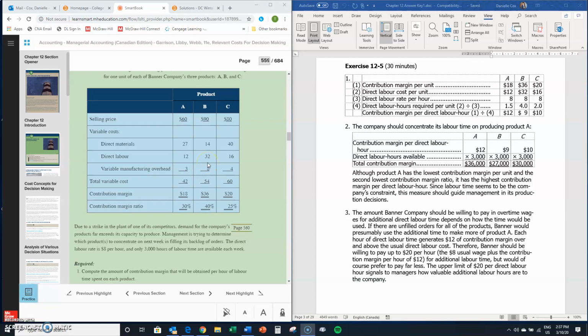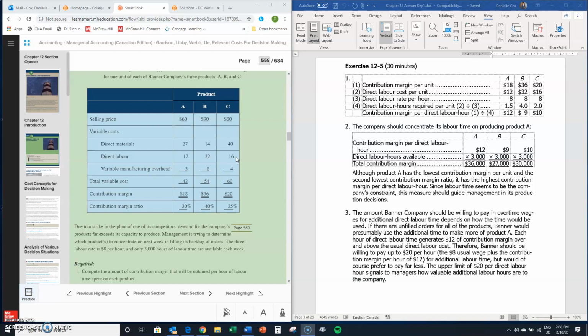Product B, they pay $32, but it's $8 per hour. So 32 divided by 8 shows us that direct labor hours required for that product is 4. And same thing here. It costs $16 in direct labor to make product C. The labor costs $8 per hour, so 16 divided by 8 is 2.